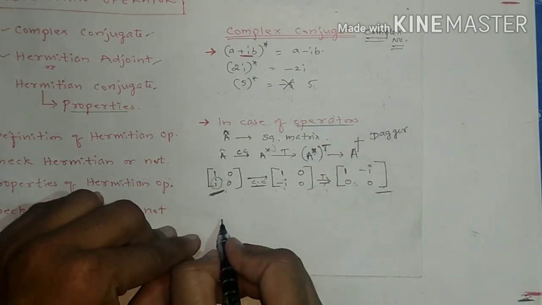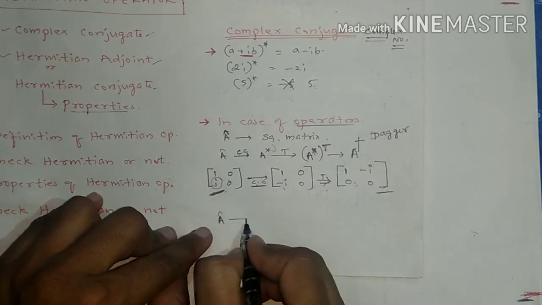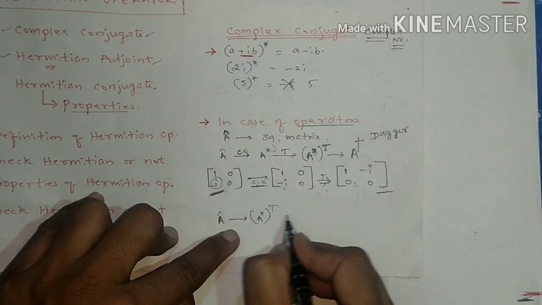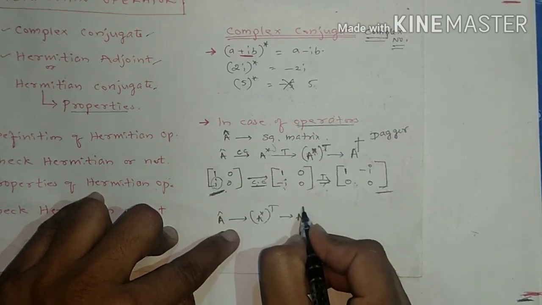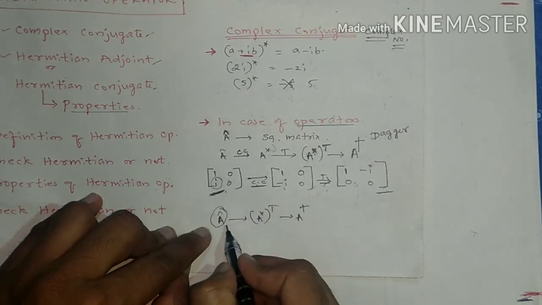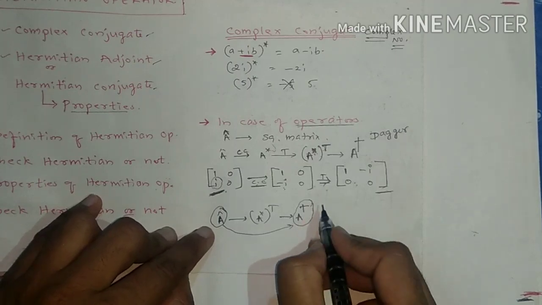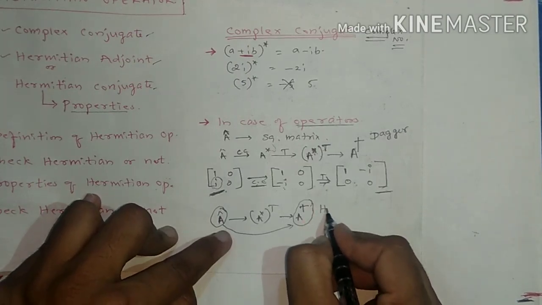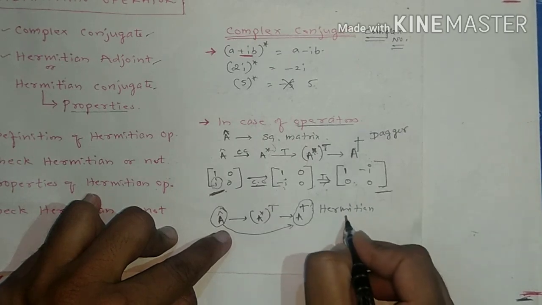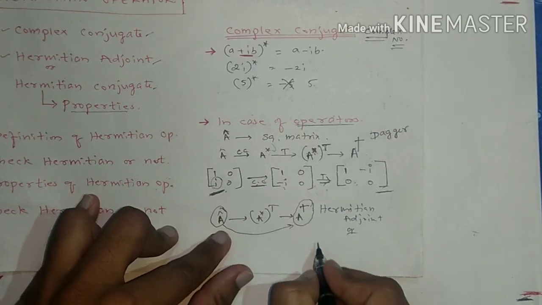So what we have seen is, if we have an operator A and we do two operations, A star and transpose, then that is also written as A dagger. So from an operator A we obtain A dagger, and this A dagger is called the Hermitian adjoint, or it is also called the Hermitian conjugate.